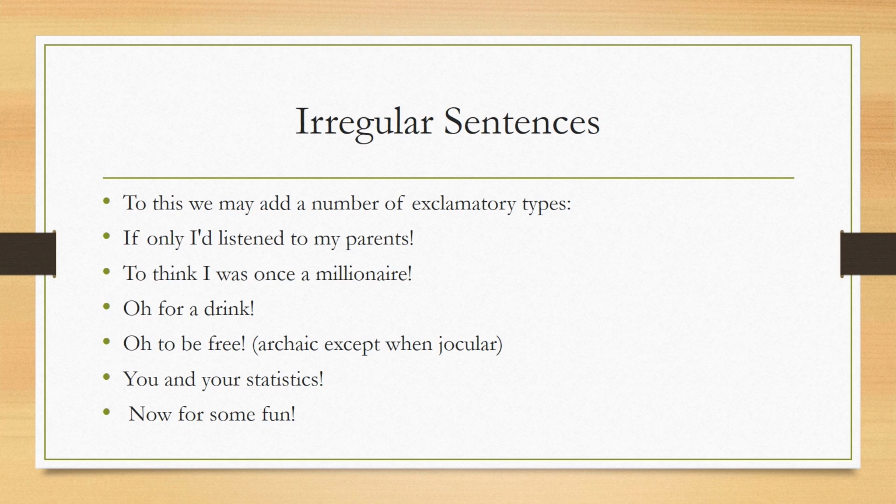They do not start with an X element, yet they are acceptable in spoken language as being what? Exclamatory sentences. So again, what do we mean by irregular sentences? Irregular sentences are sentences that belong to one of the major classes of sentences in English, yet they do not have the same structure, or the complete structure, of the sentences in these major classes.